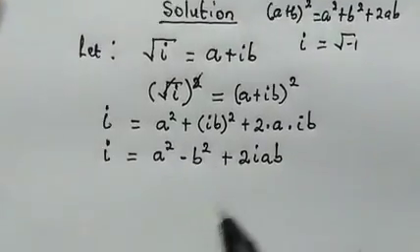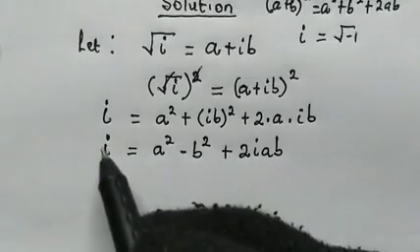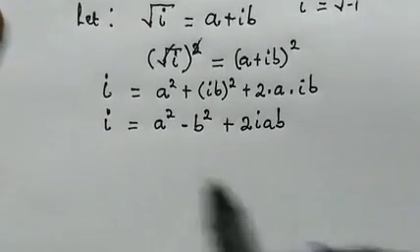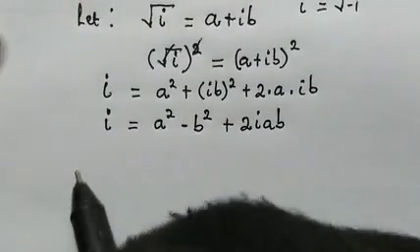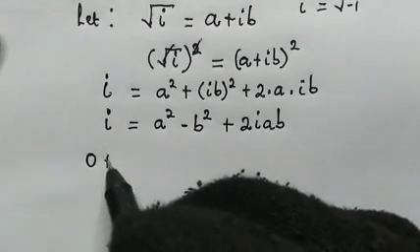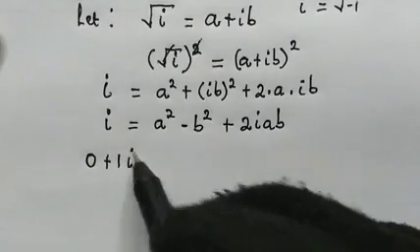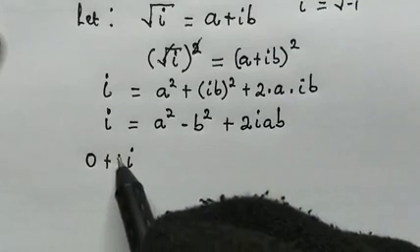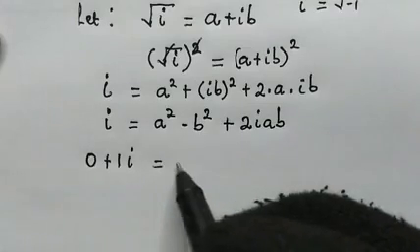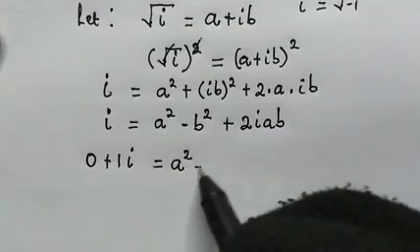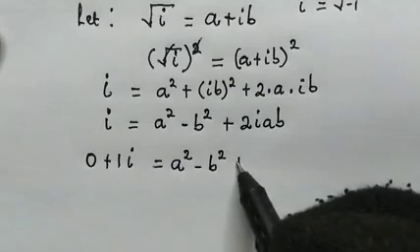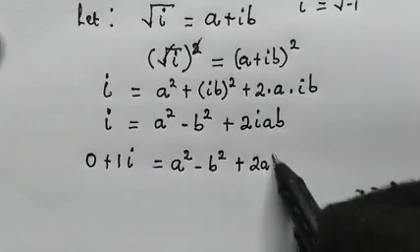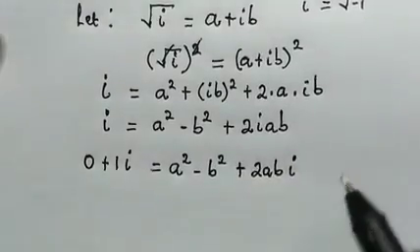So in our next step, let us show that this imaginary unit, iota, also has a real part, by rewriting it as 0 plus 1 times iota. So the real part here is 0, while the imaginary part is 1. So this is equal to a squared minus b squared plus, now let us show the imaginary part, which is 2ab, then we have this imaginary unit.